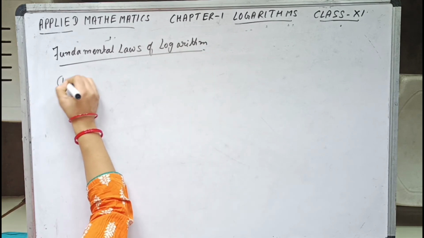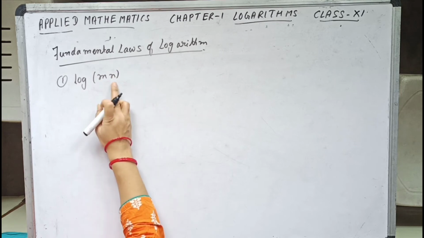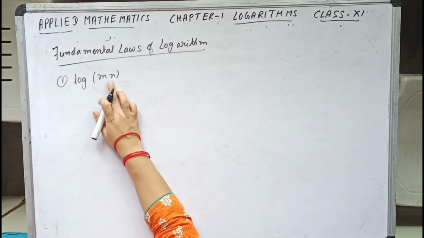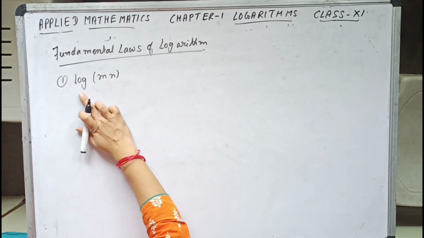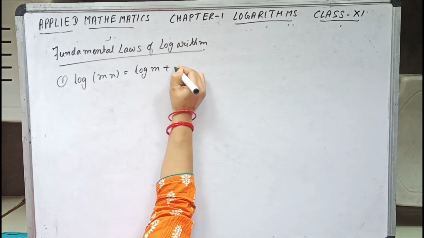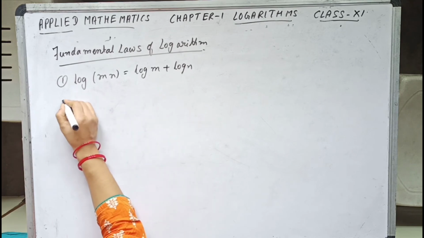Okay. So number 1, log of mn, product means two numbers whose product we are taking as m into n. Suppose one number is m, the other number is n, and their product mn is written as a log of that number, we can write as log of m plus log of n. Multiplication means addition.